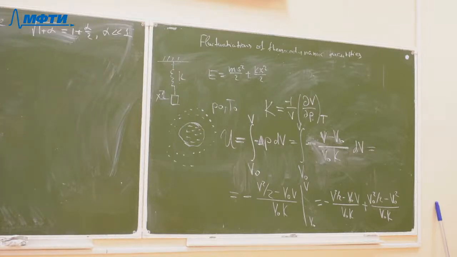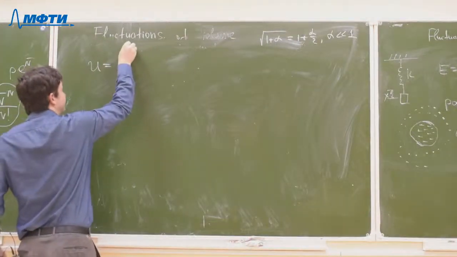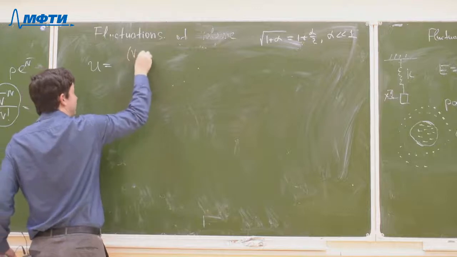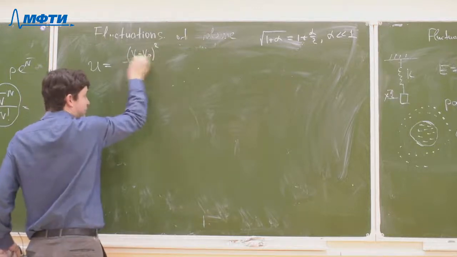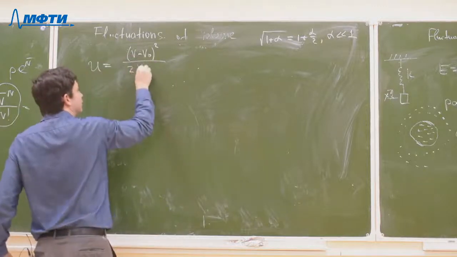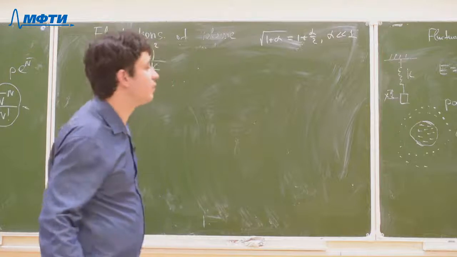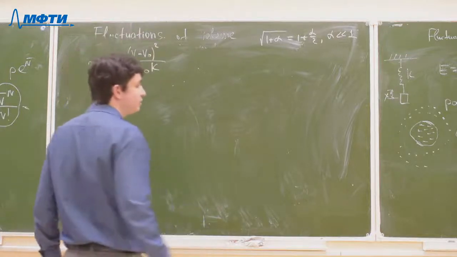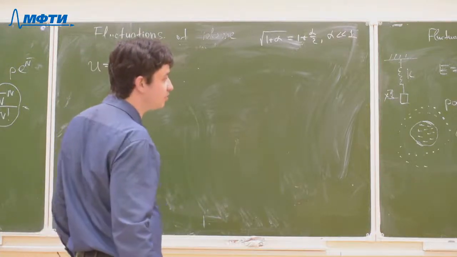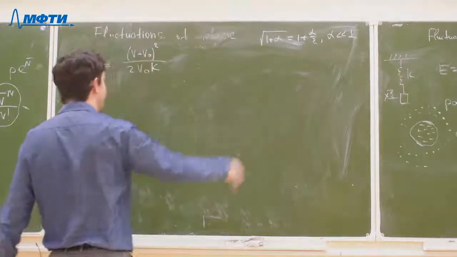The potential energy is equal to (V − V0)² over 2 V0 K. You can check that this expression indeed can be obtained from this formula.